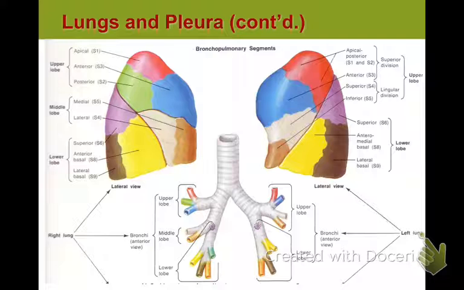So this is that cardiac notch I was telling you about here on the left lung. And you have different divisions of the lung that are supplied by different branches of the bronchi. It's possible to surgically remove a portion of the lung and you still can survive, and you can survive with just 1 lung.